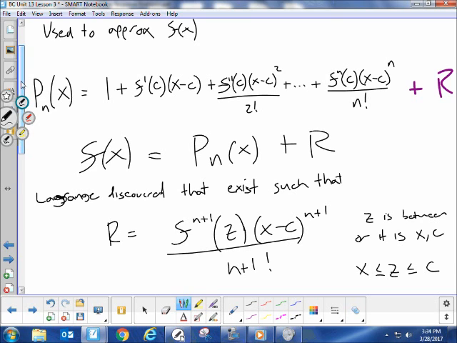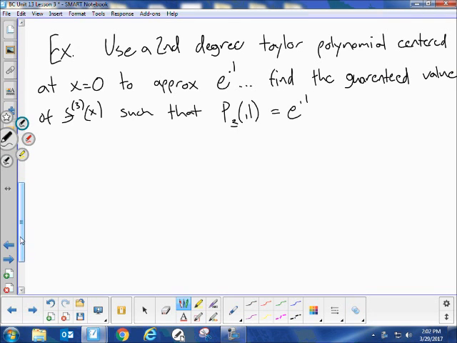Okay, let me show you what that means. All right. Here we go. Let's use Lagrange's theorem. And we're going to use a second degree Taylor polynomial centered at x equals 0 to approximate e to the 0.1. Find the guaranteed value of the third derivative such that the polynomial plus our remainder is equal to e to the 0.1, where the r guaranteed by Lagrange's theorem is our third derivative at some z value.